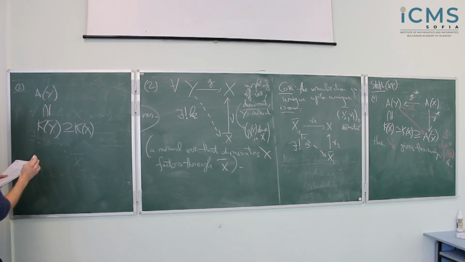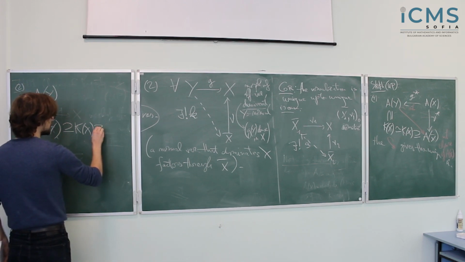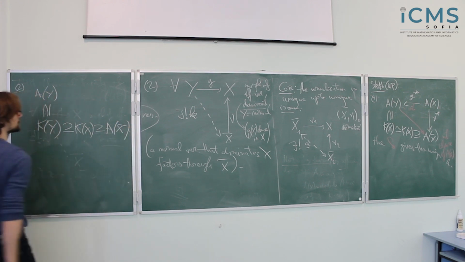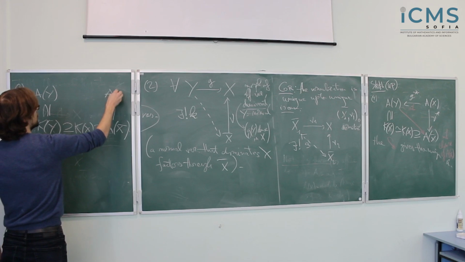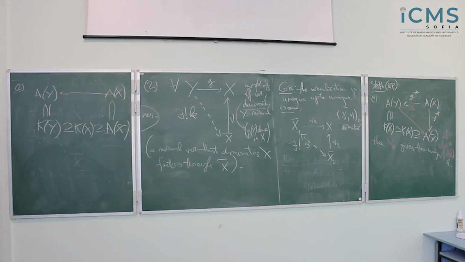And of course, we know that K(X) contains A(X bar), which is itself the integral closure of A(X). And of course, we have the box in here.